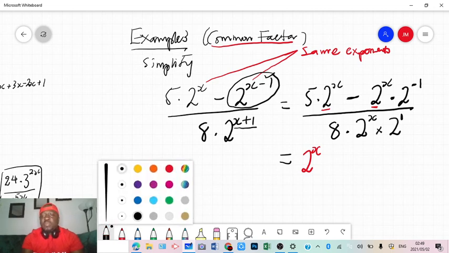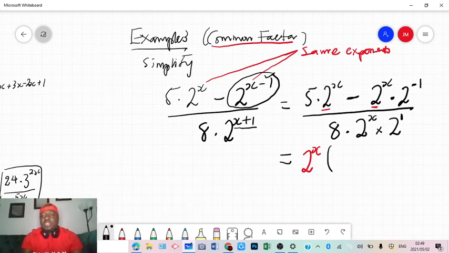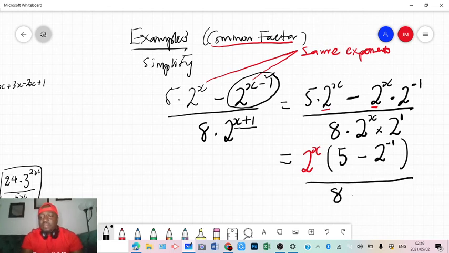Hence, I've picked up my common factor. On each side, I'll be left here with 5 minus 2 to the power negative 1, all divided by 8 times 2 to the power x times 2 to the power 1.